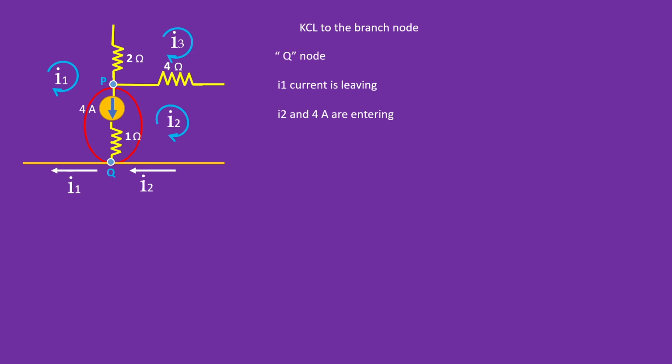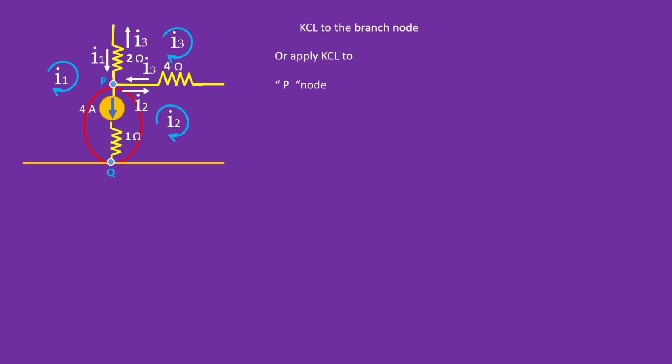In this Q node, the I1 current is leaving and the I2 and 4 amp currents are entering. So the equation is: leaving current I1 is equal to the sum of the entering currents, I2 plus 4. This can be rearranged as I1 minus I2 equal to 4. This can be taken as equation 3.